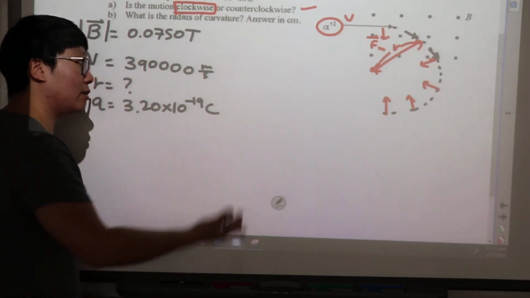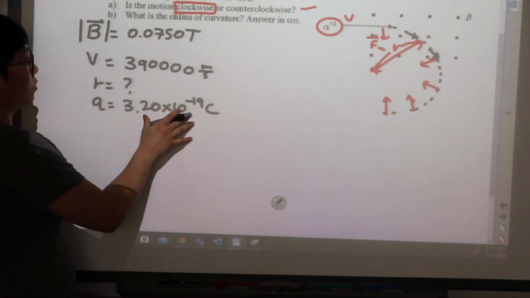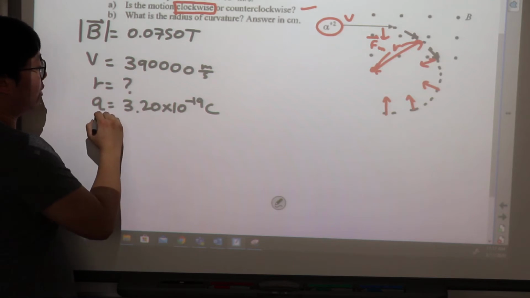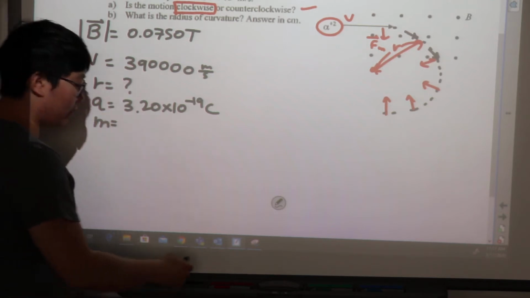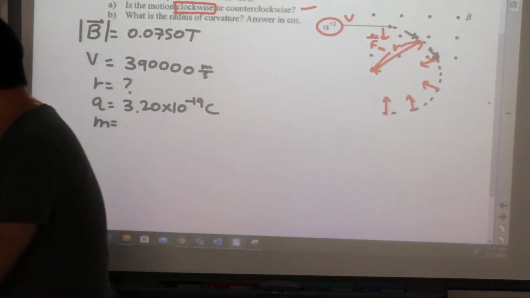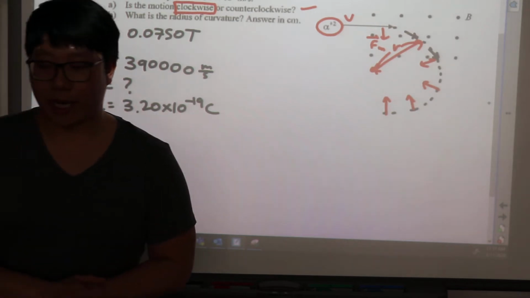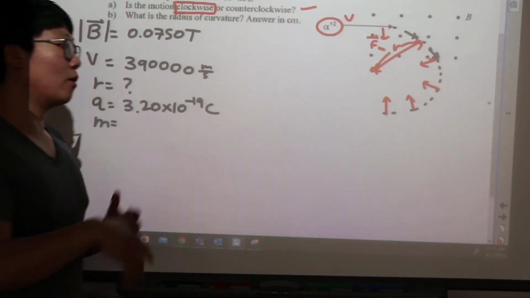We already found out the direction using the right-hand rule in this situation. So Q is that. And oh, mass is also given. When it comes to mass, please refer to your Physics 30 data booklet or formula sheet.